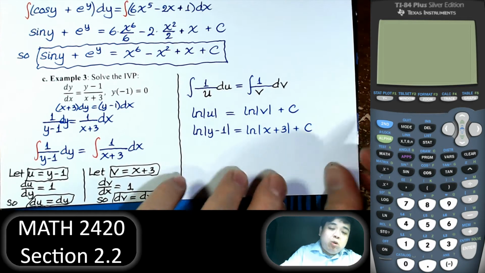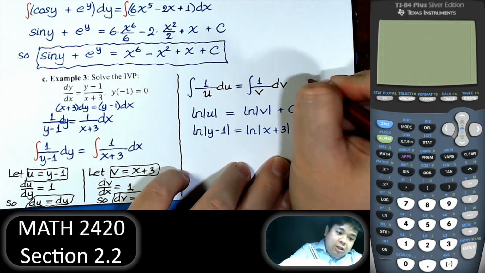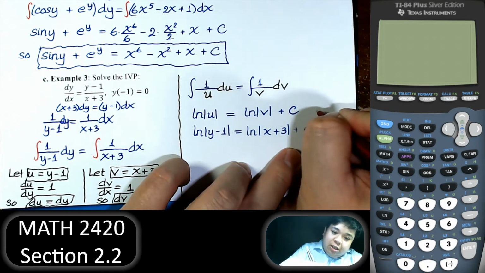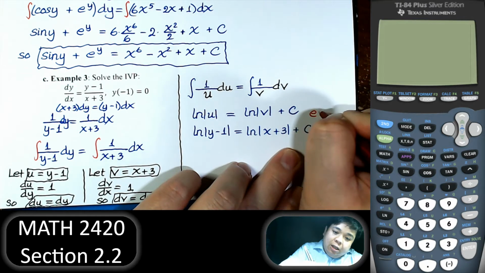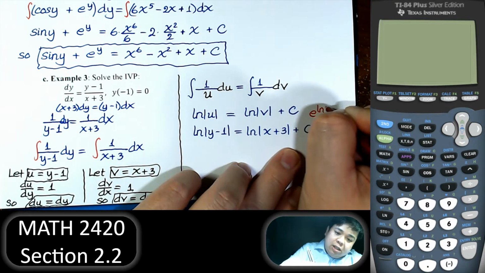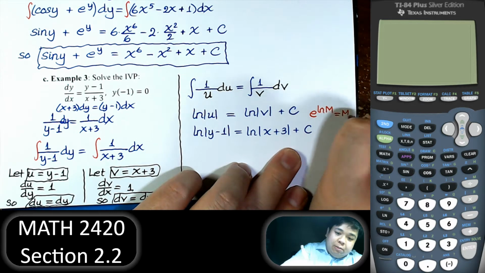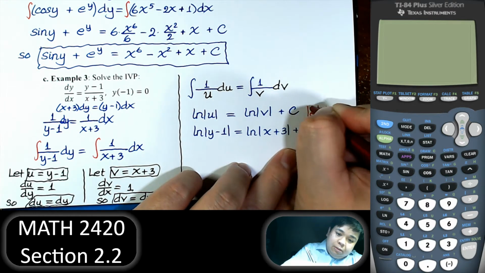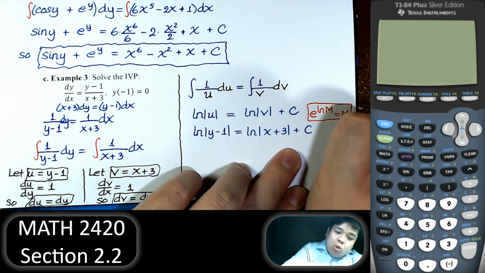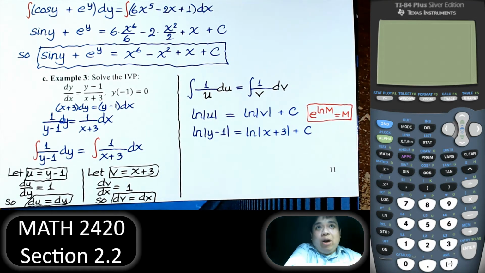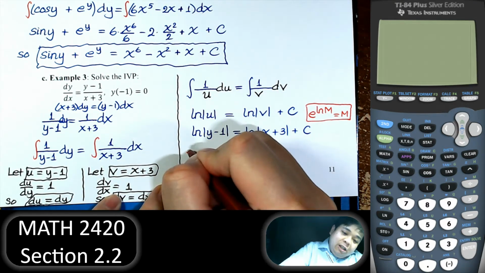Namely, the property that we use here is e to the ln of something, let's say m, the e and ln cancel out, and it is going to be m. So when we want to get rid of the ln, raise both sides as a power of e.